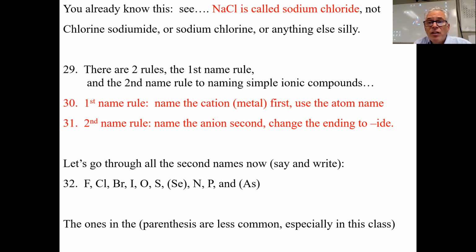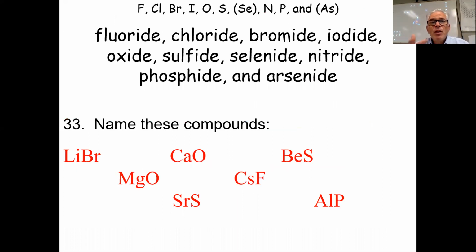It would become arsenide. So 2 of them, we're not going to see too much. We might see them on some practice, but in all honesty, you're not going to see them in your life very often. It becomes more of a practice. So those are the names. I just gave them to you, but now you can see what they look like. You might need to hit pause and write them all down. All right? Now we're going to name these compounds.